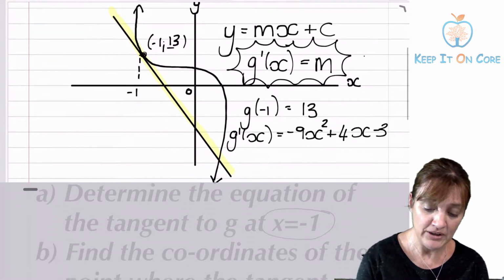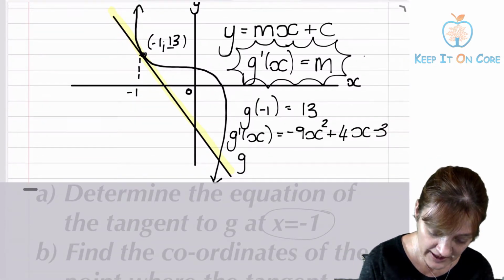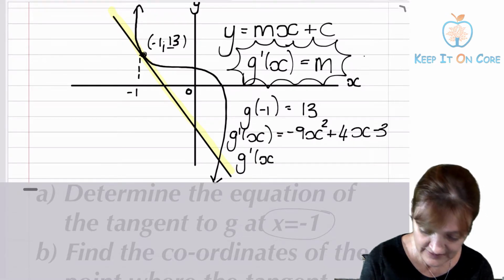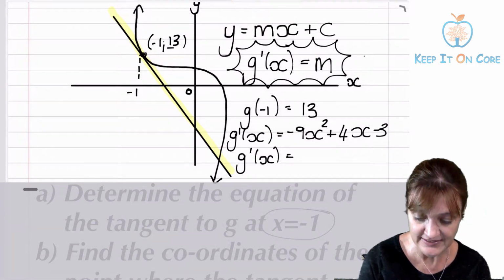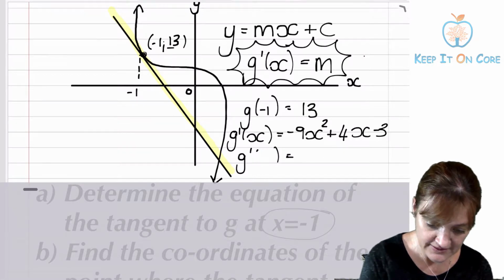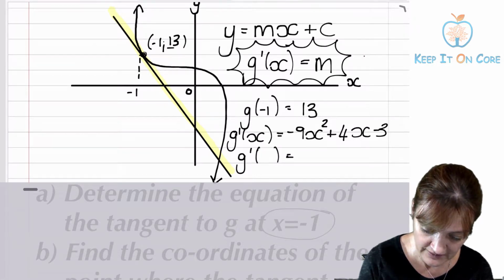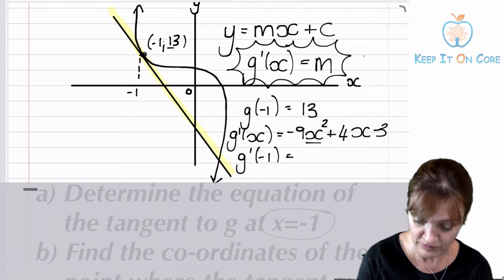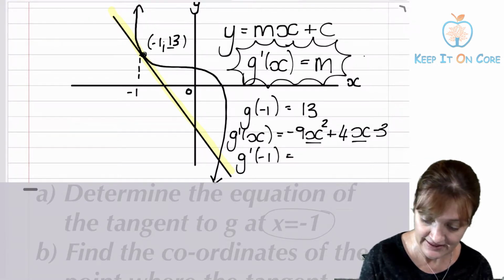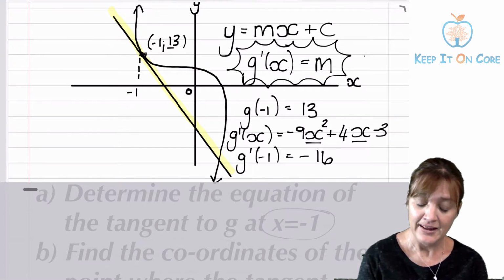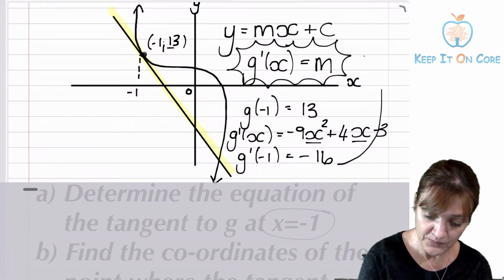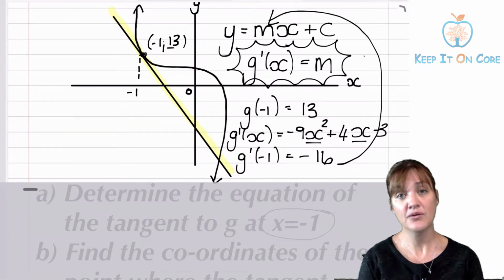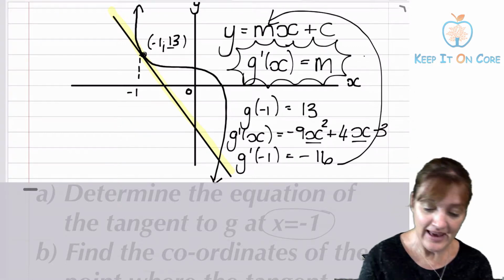Now we know that the x value at the point of contact, or the point of tangency, is negative 1. So we're going to substitute the x value with negative 1, and when I substitute my negative 1 into my derivative, we're getting negative 16. So that is your gradient.